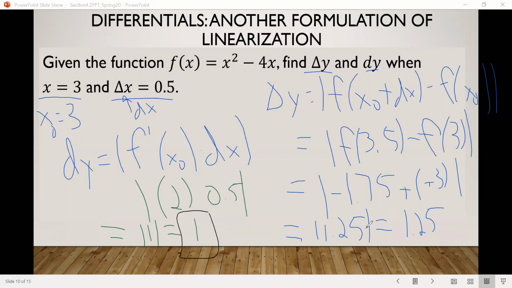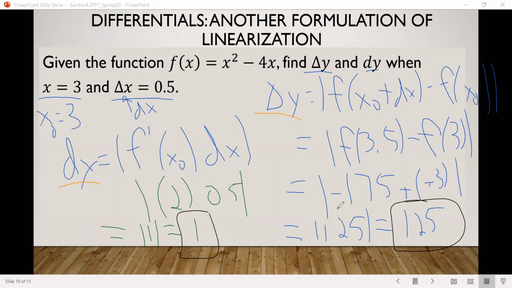All right, and I want to point out something here. If you remember from the diagram, dy, that was the difference between the output values using the tangent line. Well, that was going to be an estimate for delta y, which was the difference in the output values using the actual function.